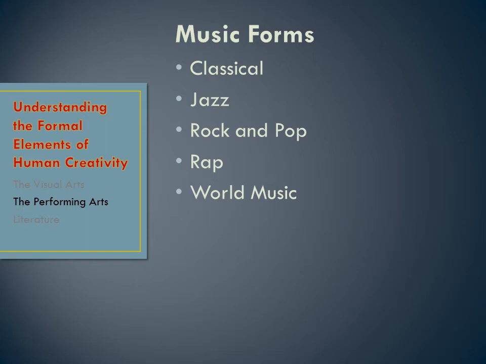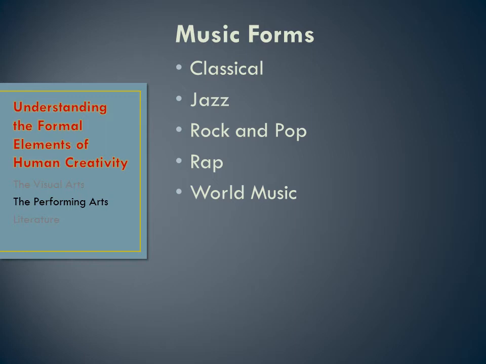A form of music that has developed in the last 20, 25 years, probably going back into the early to mid-1980s and continuing forward, is rap. Rap is a very different form of music in that it may or may not include musical instruments.